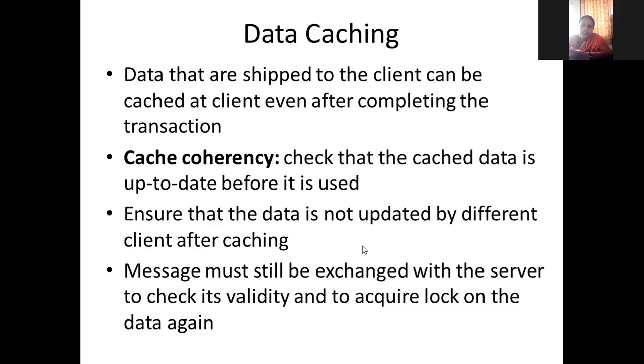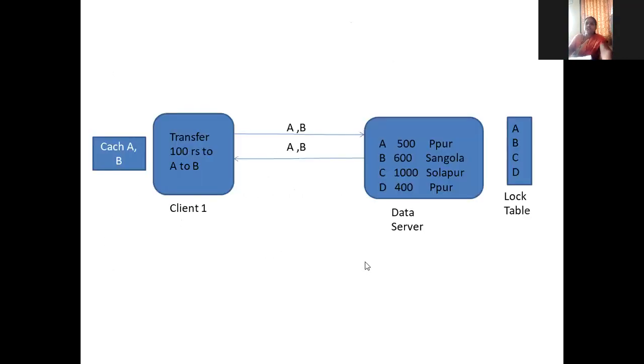You can ensure that the data is not updated by a different client after caching. For that, the client must exchange a message with the server side and check its validity, and then if no one has updated that data, you can acquire the lock on that data and perform the transaction. So that is nothing but data caching.